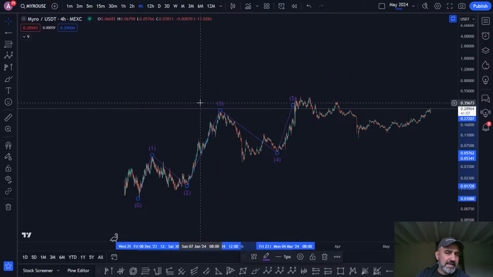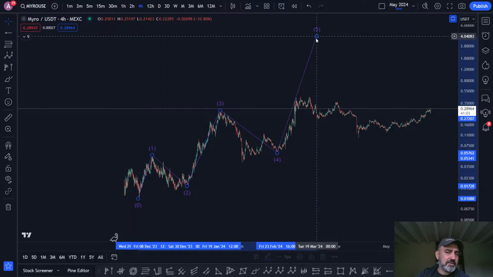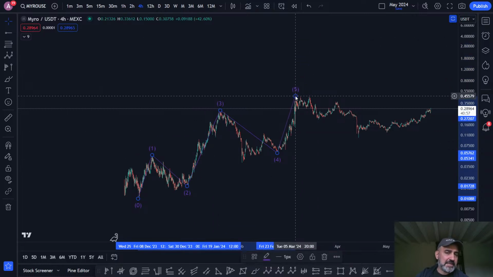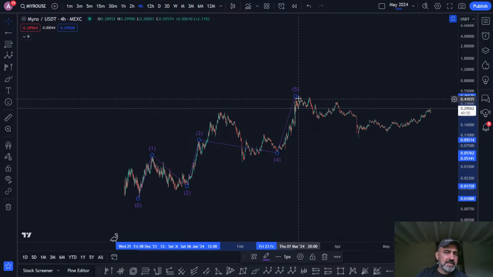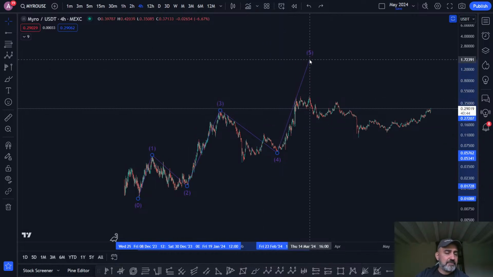But if 3 is longer than 1, then 5 can be longer. So 5 is unrestricted as long as 3 is not the shortest. If you suddenly see a 3 that's shorter than 1, then you know the 5 has to be shorter. But if you see 3 bigger than 1, then you know that 5 can be bigger. It can be anything.